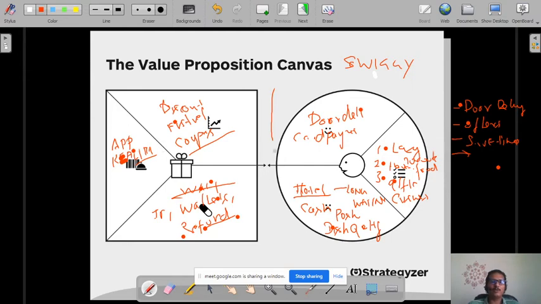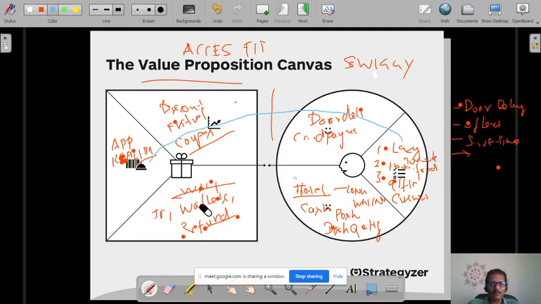This is the value proposition canvas for Swiggy. Okay, so here they talk about something called value proposition fit. That is, how much your value proposition fits to the customer requirement. For example, for your pain, what are the services that are offered by the concern.